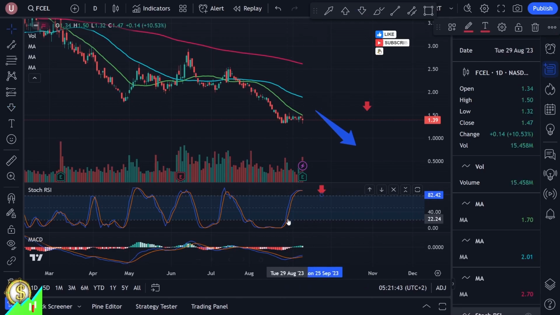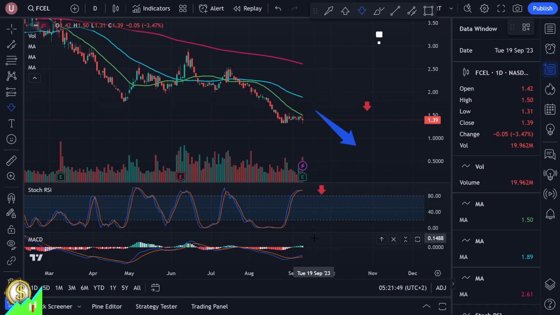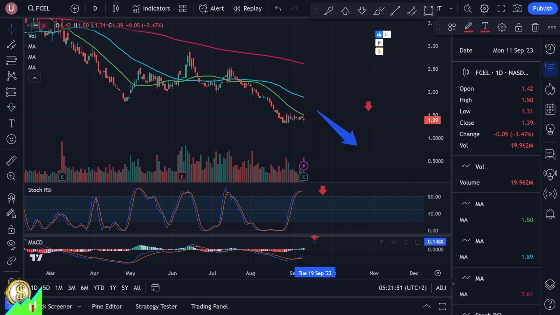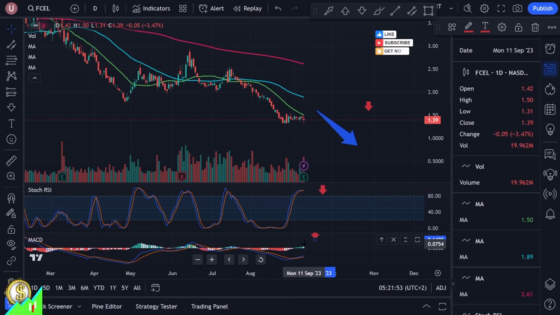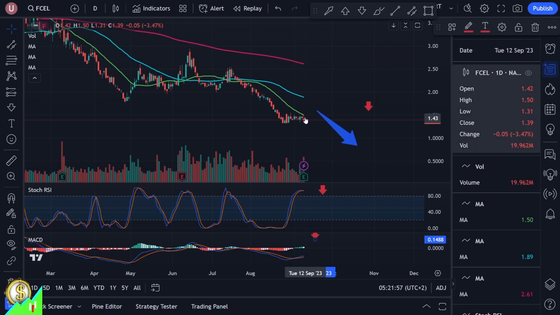Well, stochastic RSI is on its top, and in combination with MACD, which has also formed an upper wave here, we can clearly see that it is overall, let's say, overheated. So it needs to cool down a little bit, and that's exactly what's going to happen here. We see this doji formation, meaning it's indecisive, but all other indicators, especially the strongest one here, moving average 20, show we are going down.